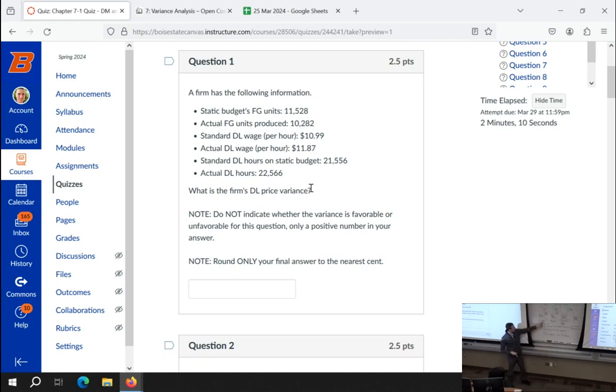I just pulled the AQ out and left AP minus SP inside the parentheses. That's all I did. I algebraically rearranged it, in case you're wondering about that magic trick. I need to know that. If you have AP, SP, and AQ, that's going to equal my direct labor price variance, DLPV.